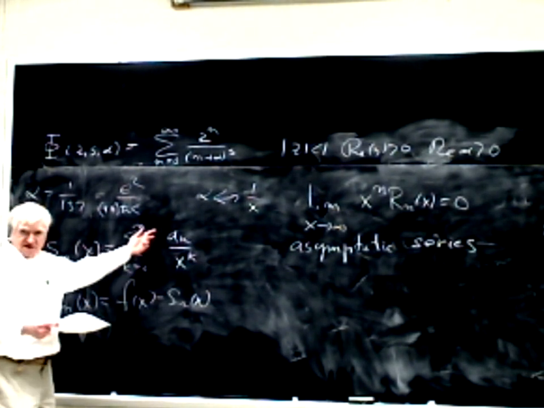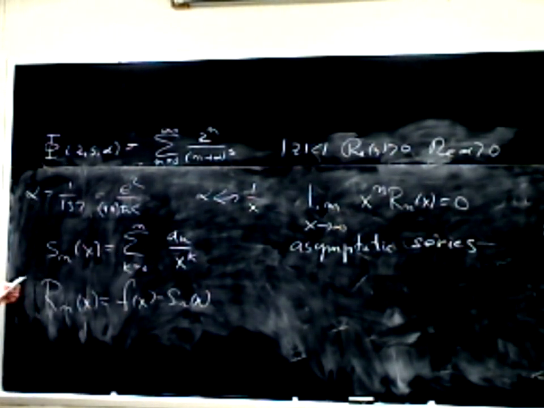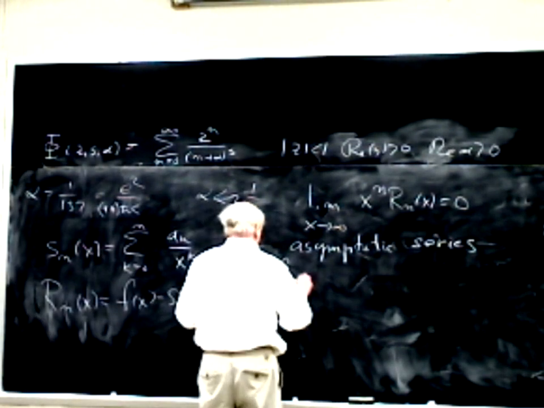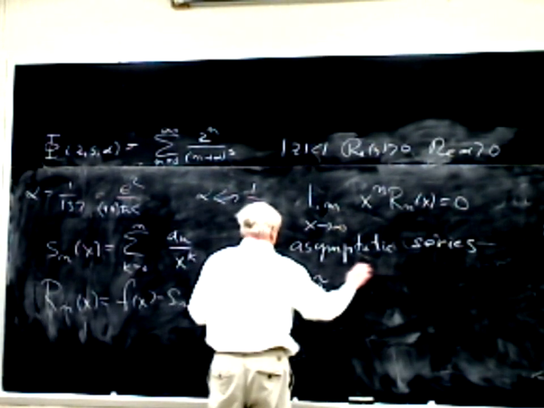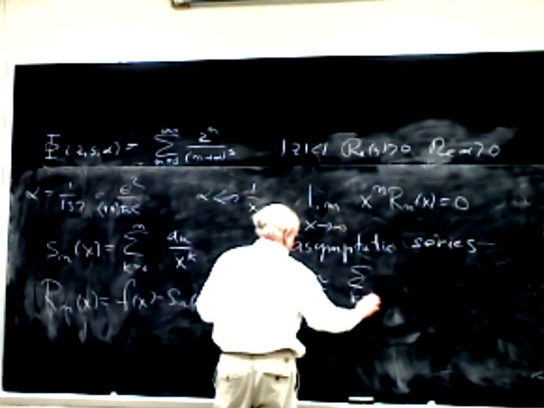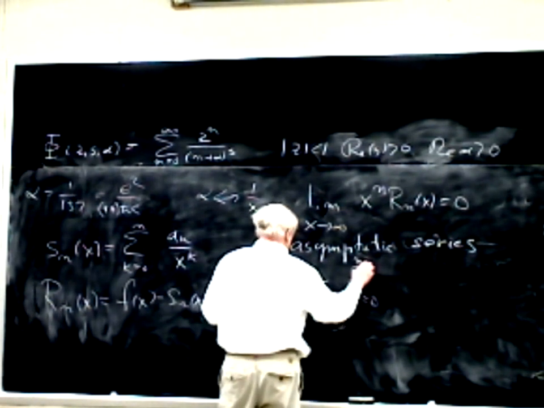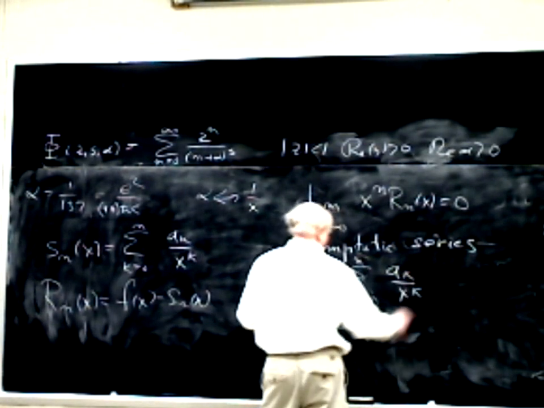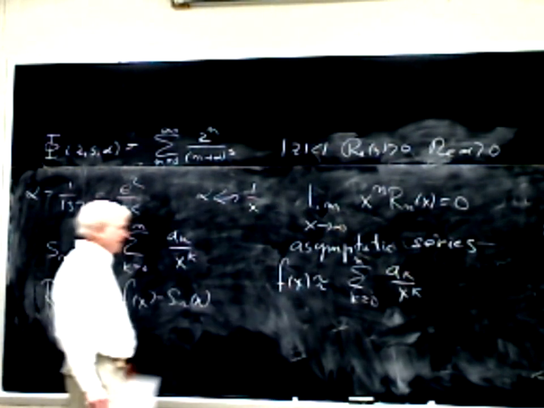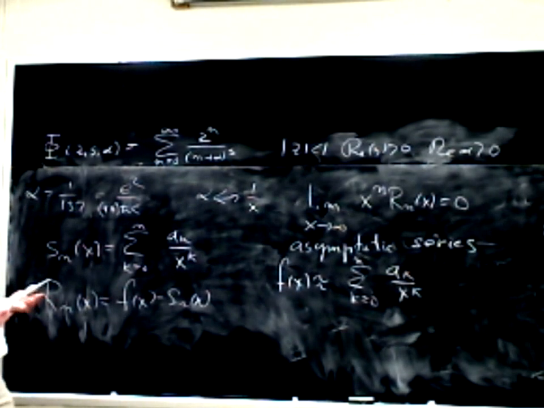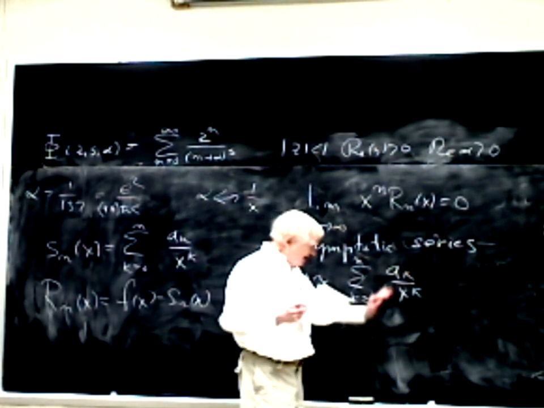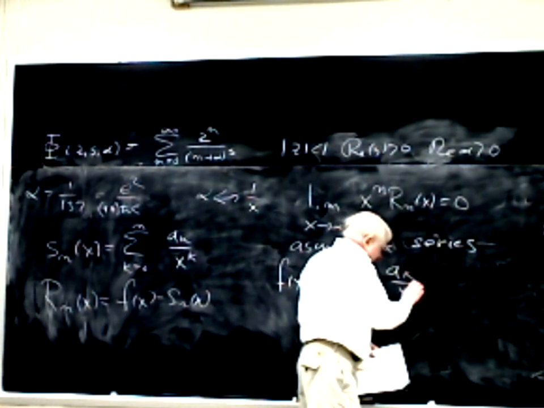There's a series like this in physics. In that case, what we say is that f of x is approximately, or is given by this asymptotic series, the sum k equals 0 to n of a sub k over x to the k. And the wavy line indicates that the equality occurs in the limit of x going to infinity.